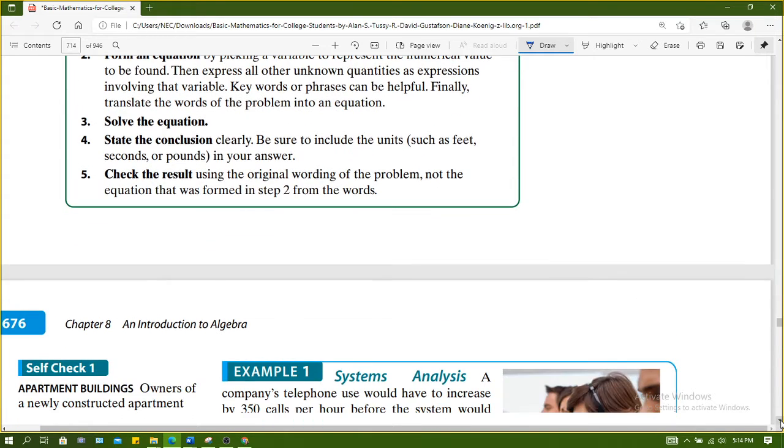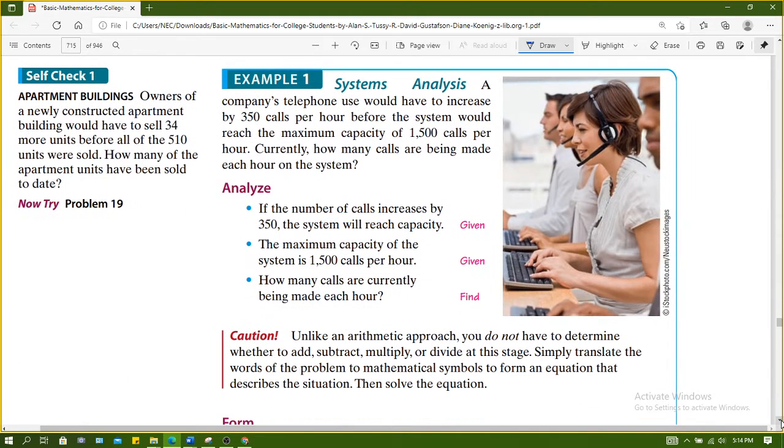Okay, let's continue. Example number 1. So, class, I would like to tell you that it's not only us in the Philippines that have challenges or difficulties when it comes to worded problem solving. It's a universal problem.